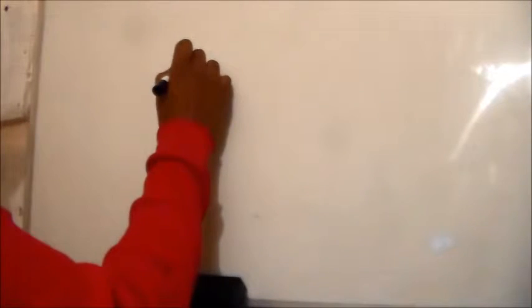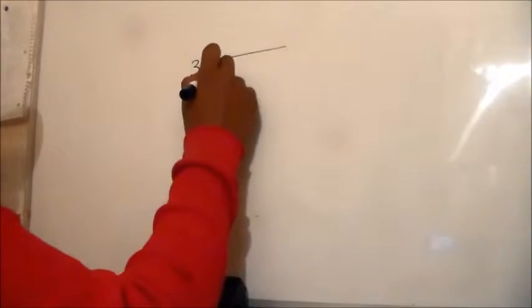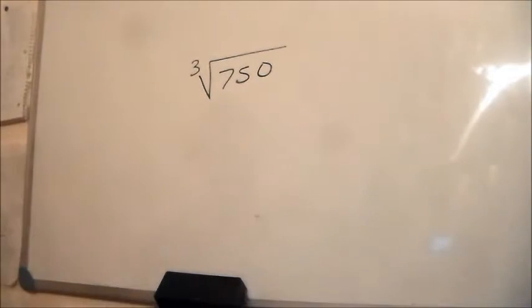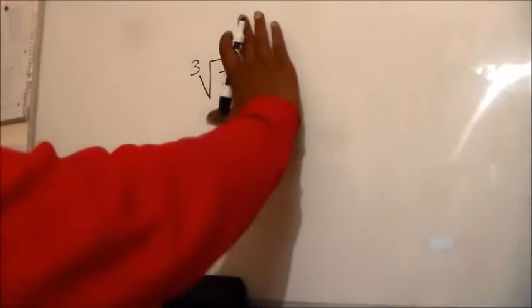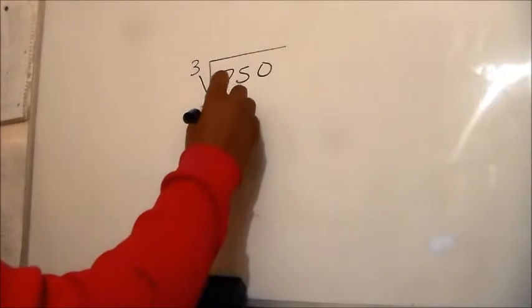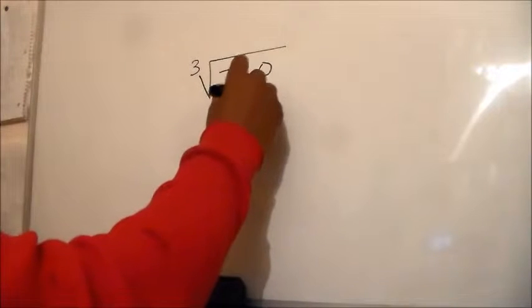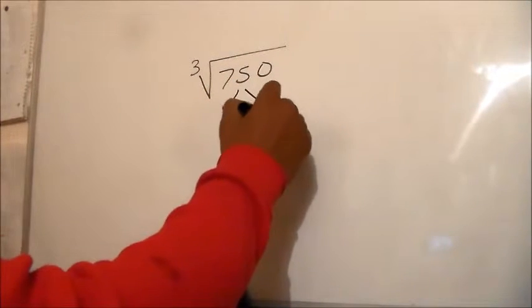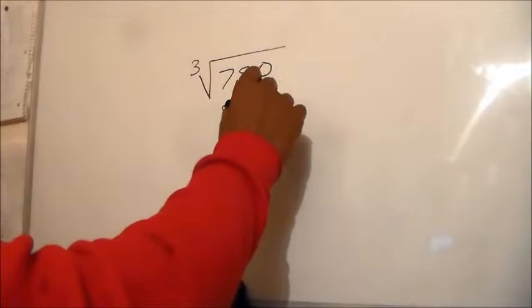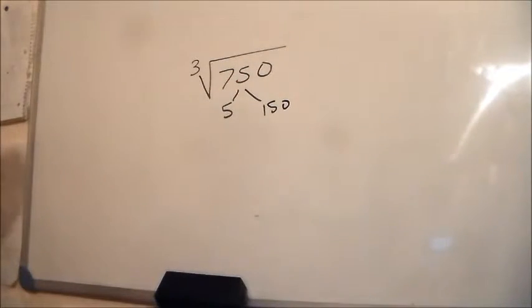Let's say we have the cube root of 750. I know that 25 is a factor, and 5, so I could just say 5 into 750 is 150.